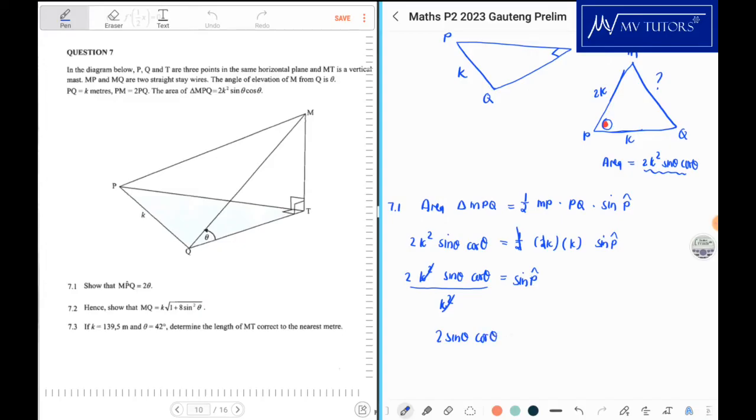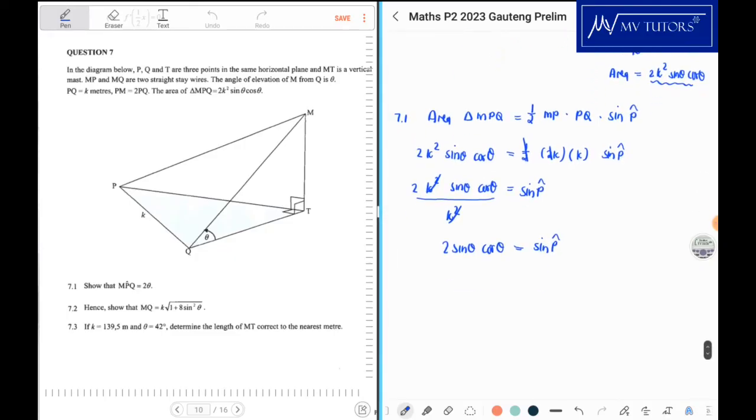I hope a light bulb is lighting on your side. So basically this 2 sine theta cos theta, it's the double angle of sine. So we have sine 2 theta is equal to sine P. Basically P then would be equal to 2 theta.